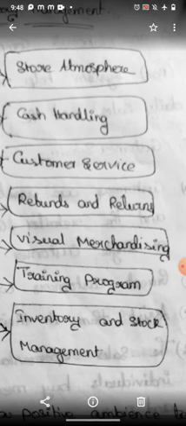Next one is the training program. The store manager must conduct frequent training programs for the sales representatives, cashiers, and other team members to motivate them from time to time to do proper work, and also to follow their duties and regulations.